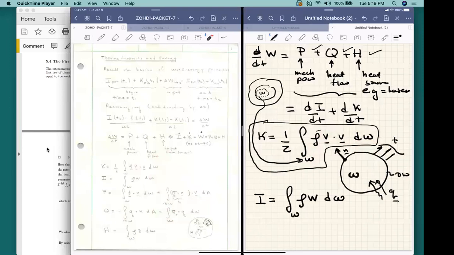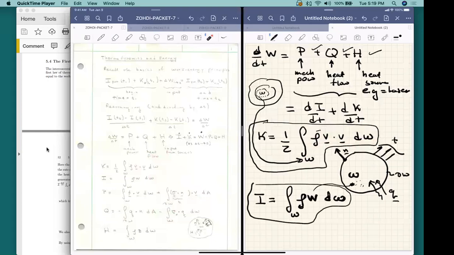So what that represents is that at every point inside of here, there's a little amount of energy stored up in there. And I'm going to be non-committal as to exactly what they are. I'm simply going to say, I take a piece of mass, I take the amount of energy that is stored in that little body, and I'm going to add them up over the whole volume. Okay, so again, pretty straightforward for that as well.